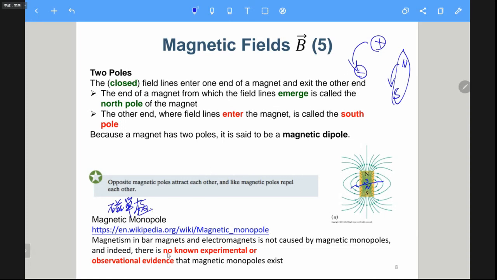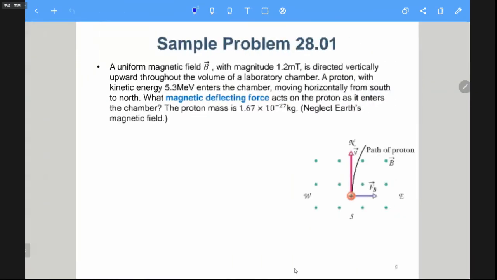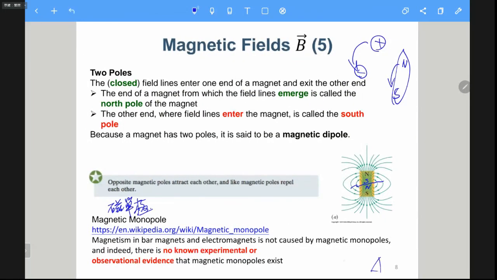For a magnetic dipole, we cannot separate it into magnetic monopoles. We cannot have the north pole occur independently and the south pole occur independently. So there is no known experiment or observational evidence that the magnetic monopole exists. So let us stop here today.